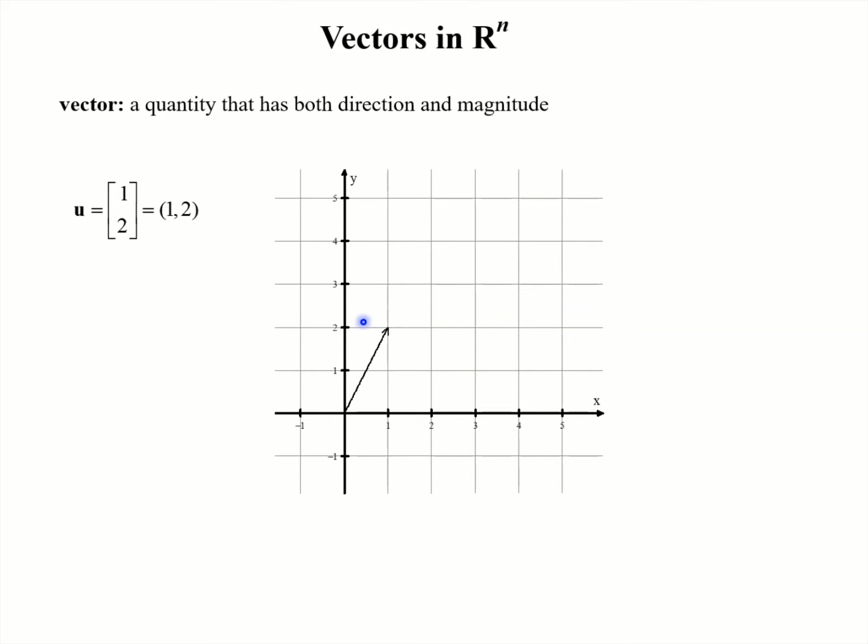And the tail is then 0, 0. It has a direction, sort of northeast-ish, not exactly, but it's like that. And it has a magnitude, which means it's the length of that vector.